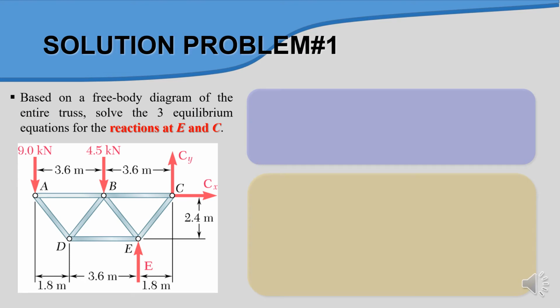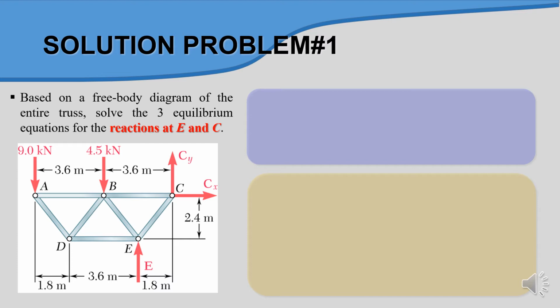Let's proceed one by one in order to solve this problem. In this diagram, we have reaction forces at point C and point E. At point C we have two reaction forces, with components Cx and Cy, and at point E, which is a roller, we will only have one reaction force, E, upwards.